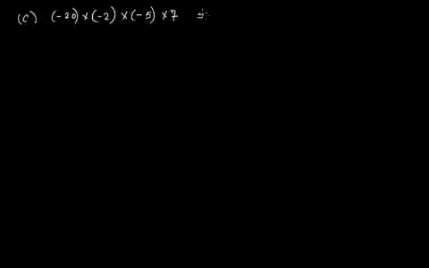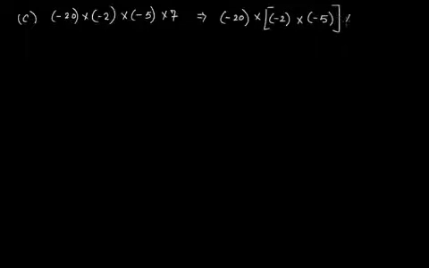So do it here. This will be minus 20 using the associative property. This is minus 2 and this is minus 5, and then it's 7. This is the associative property because we have grouped together 2 and 5. Then this will be minus 20, this will give you 10 because you have 2 minus signs here, and this will give you 7.